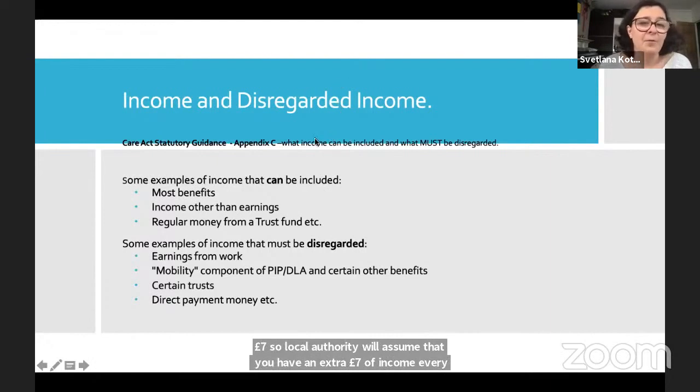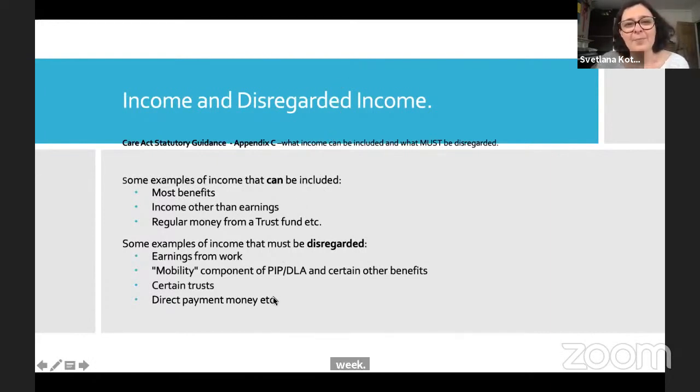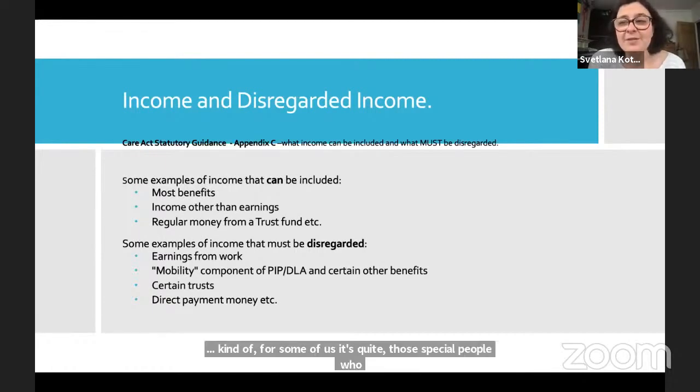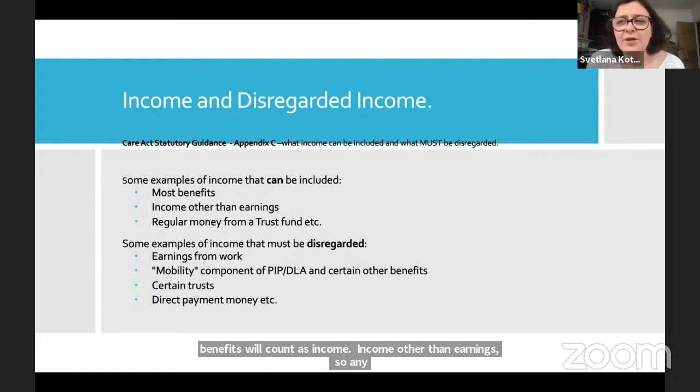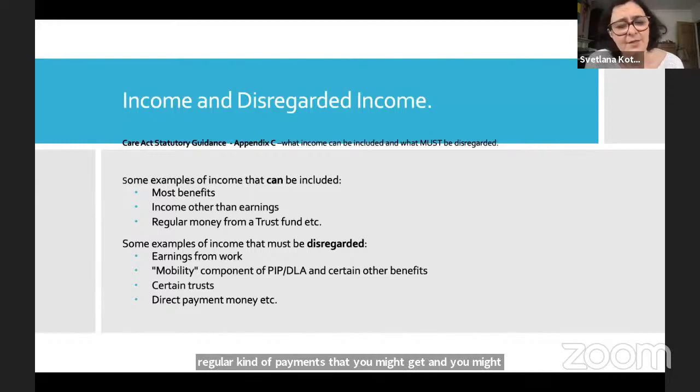So now income and what should be disregarded. For some of us, especially people who are new to this, it might be quite unbelievable that most benefits will count as income. Income other than earnings, so any regular payments that you might get, and also regular money from different trust funds, will be classed as income.